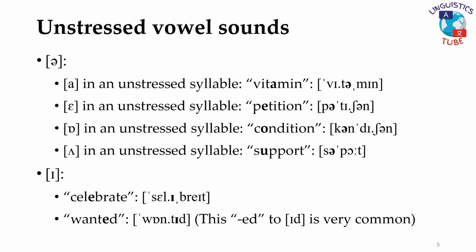Finally, an example for u is support. Regarding words which contain full vowels that can be reduced to I, a few examples are celebrate and wanted. In fact, many verbs which end with ed reduce the vowel to I.